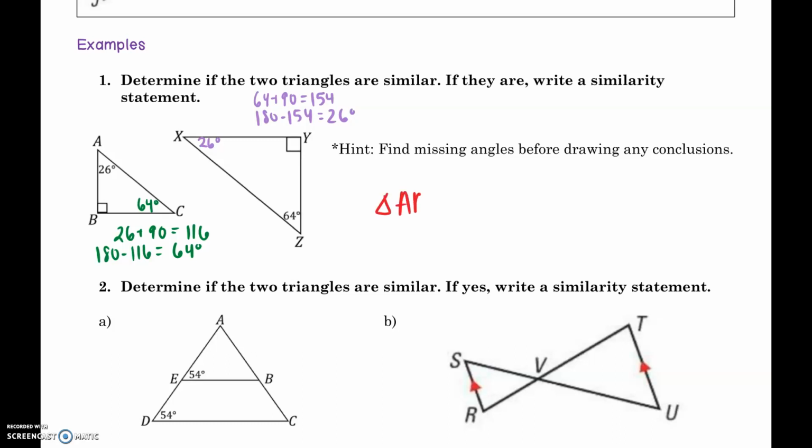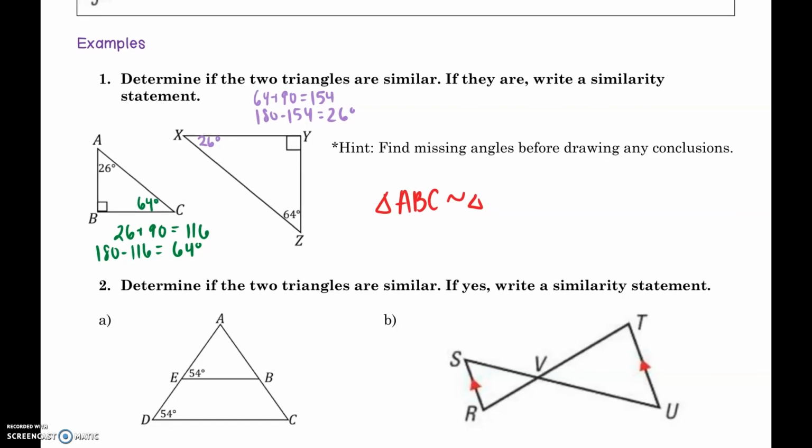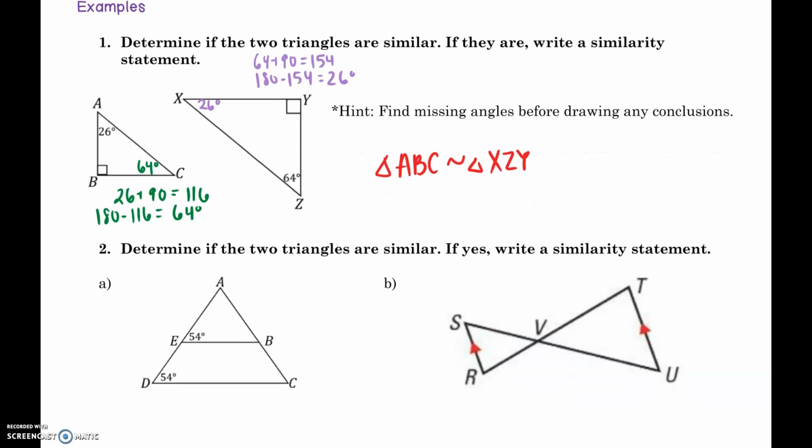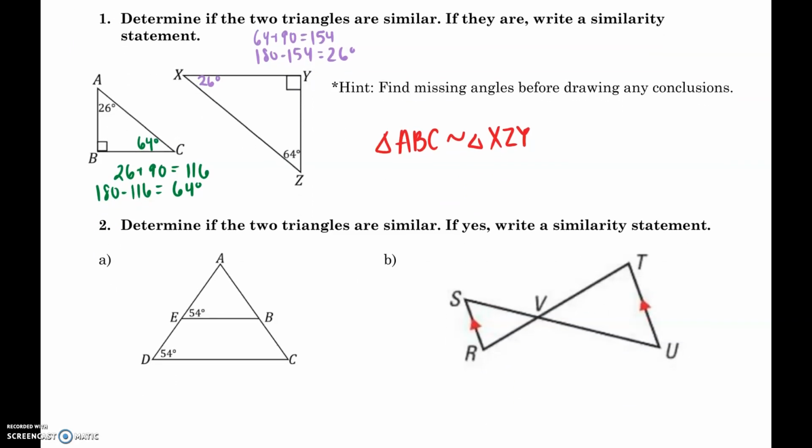Triangle ABC is similar to triangle XZY. Remember, order matters. So for ABC, we go from 26 degrees to 64 to our right angle. So we have to follow that same pattern, XZY. Pause the video and try number 2 on your own.